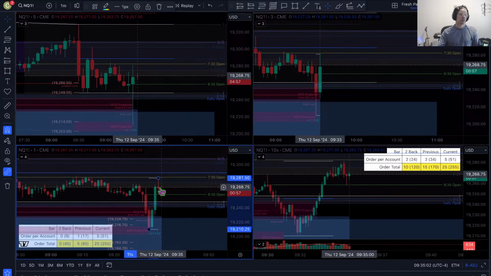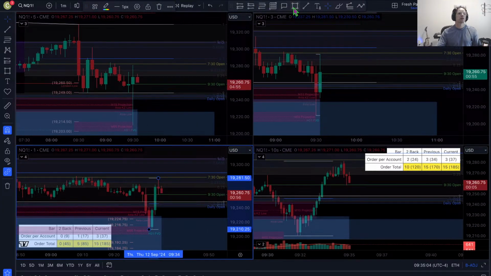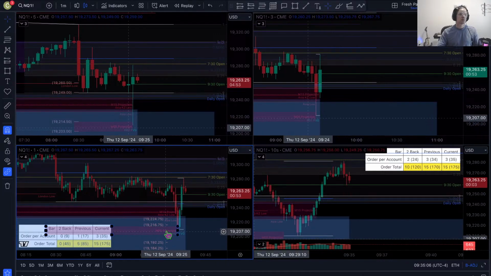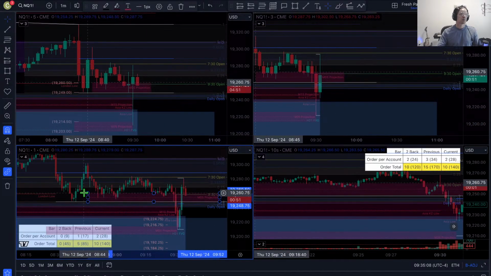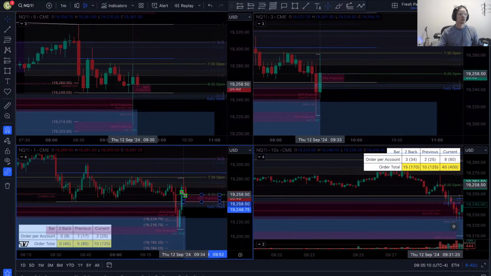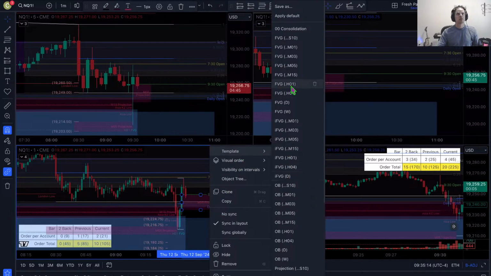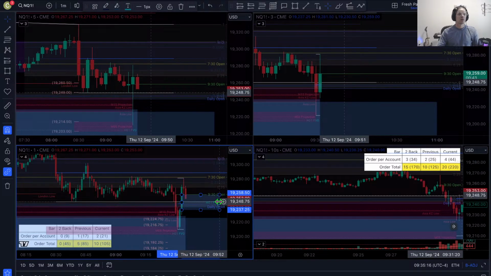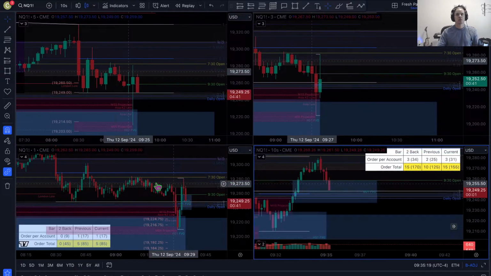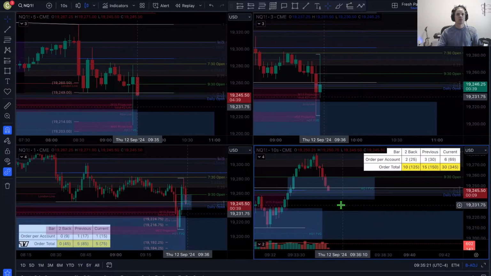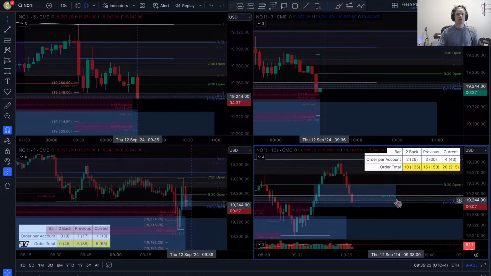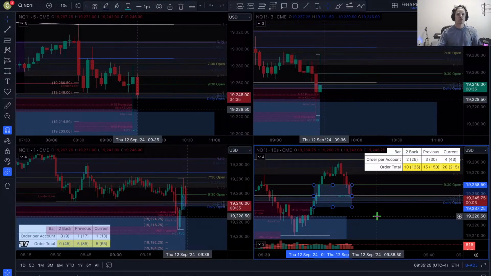So really, that's the impulse on the M1. Here's your fair value gap there. We would need some sort of sweep here for this to work.